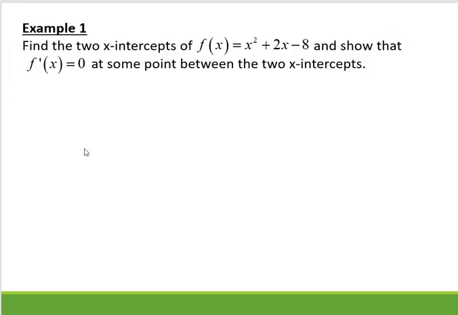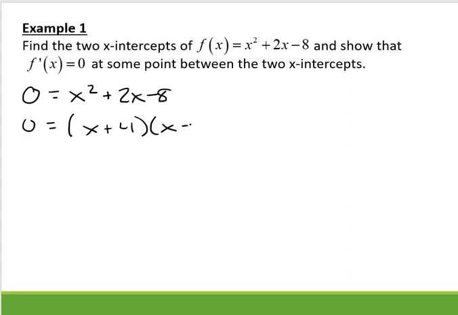So our first example. Find the two x-intercepts and show that f prime of x equals 0 at some point between the two x-intercepts. Okay, so I find my two x-intercepts. So x equals -4 and 2.